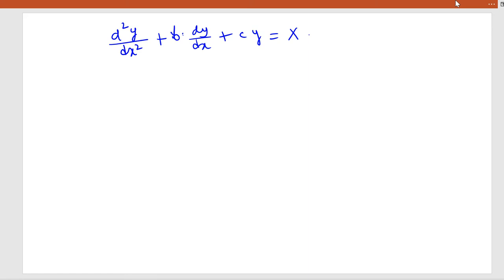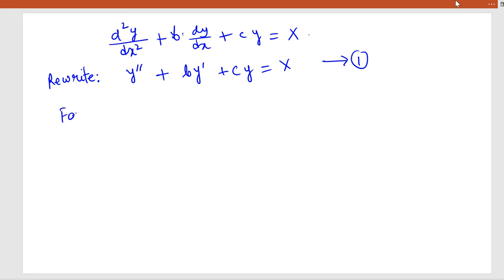So assume we rewrite the notation, equals to x. So let us call it 1.